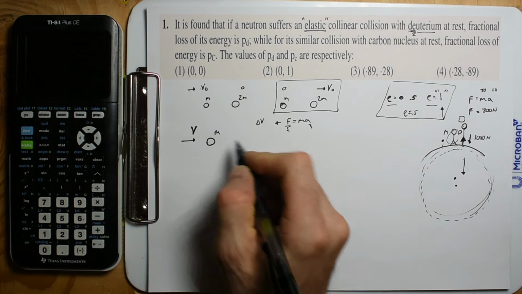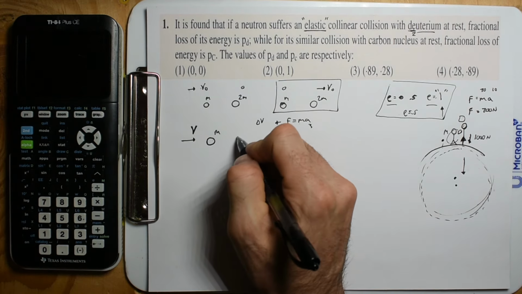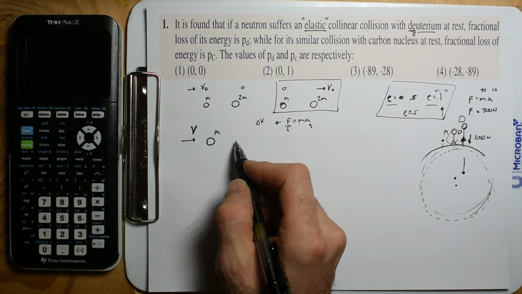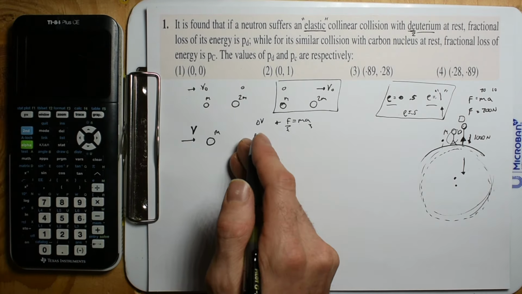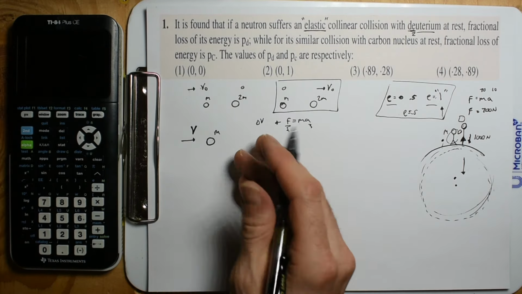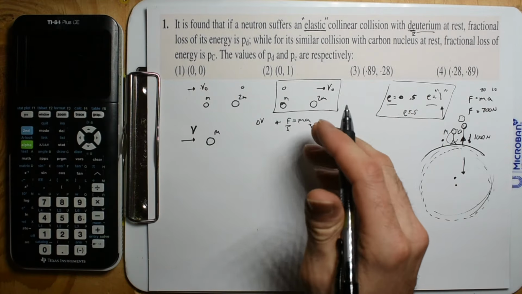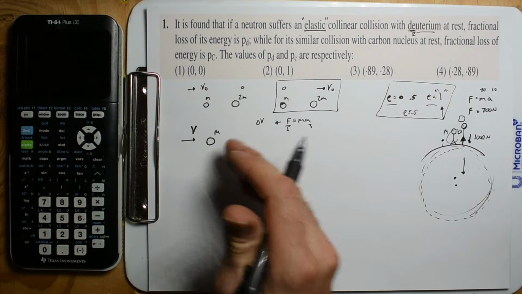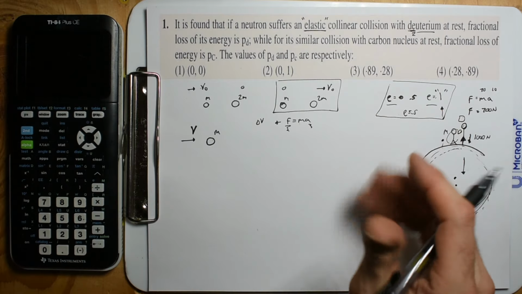And I guess F equals ma, but when you collide two particles, you generate a force, but it's going to be equal and opposite. And your momentum before has to equal your momentum after.